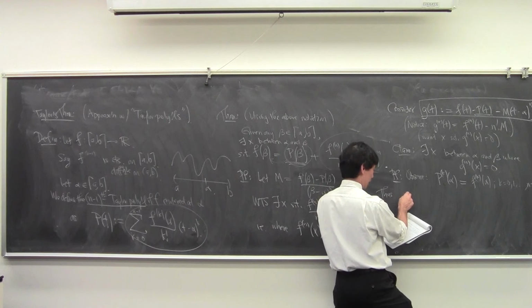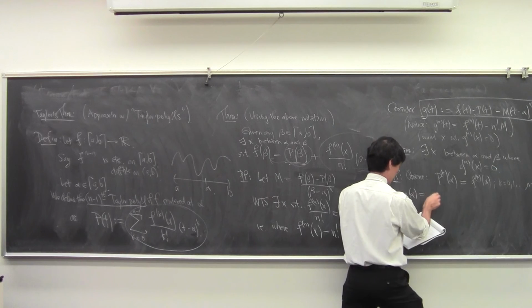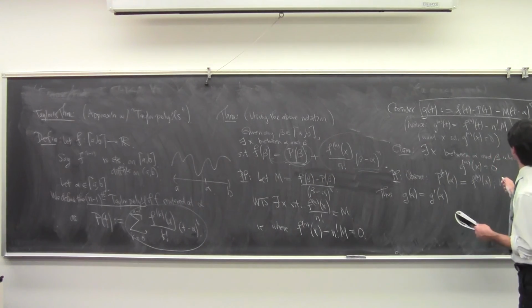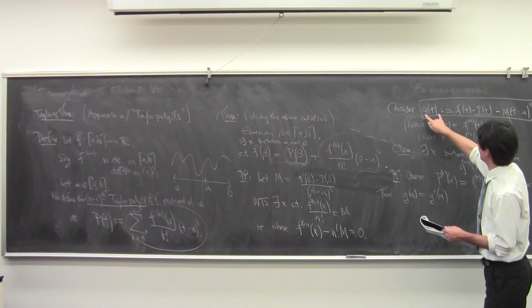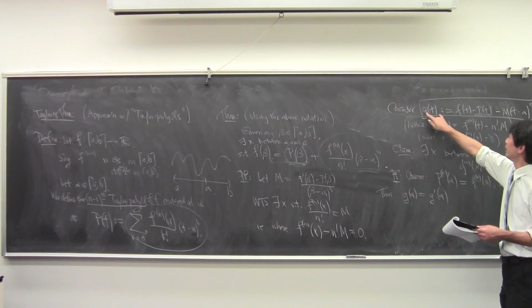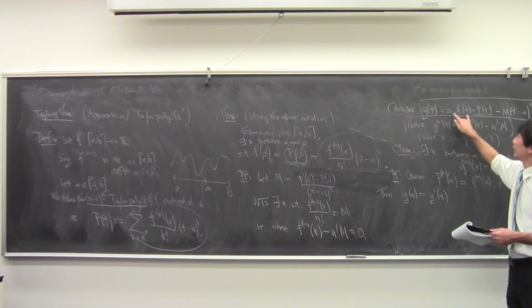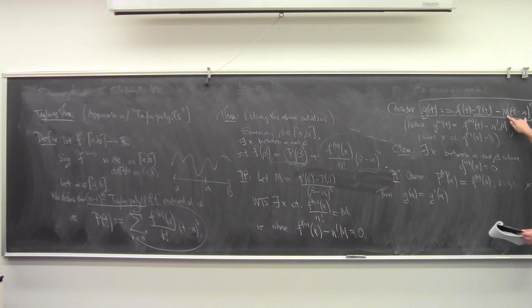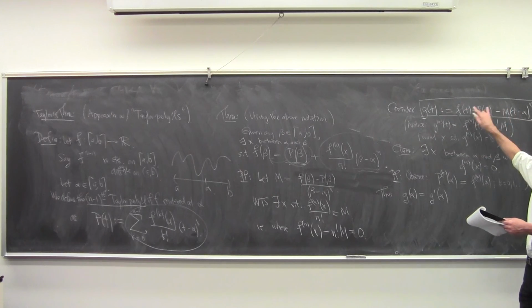Thus, g(alpha) equals... when you take the derivative of g and evaluate it at alpha, what do you get? Well, you're going to get f prime at alpha minus p prime at alpha. That's 0. And you get this thing evaluated at alpha is 0. And if you take higher derivatives, you're still going to get 0.